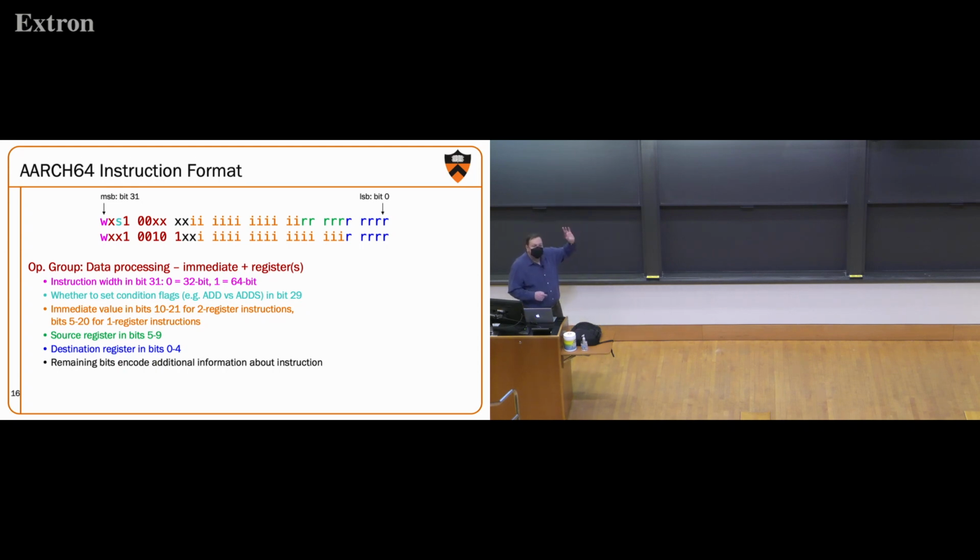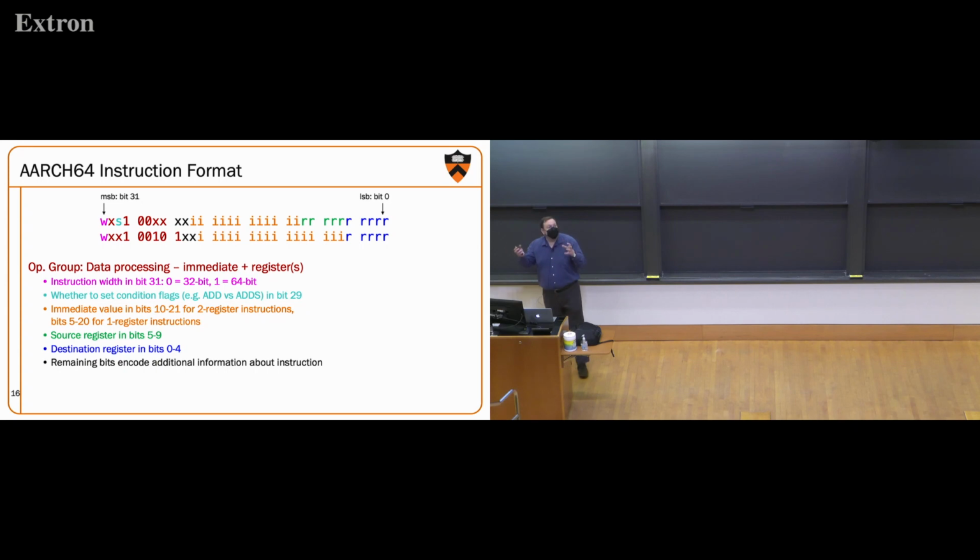And again, there are fields of 5 bits at a time that tell you the registers involved. But then there's a big, long set of bits that you can use for an immediate value. And in fact, the variant that has only one destination register and no source register allows for more bits to be included in that immediate value.